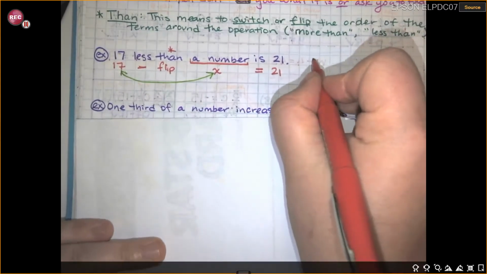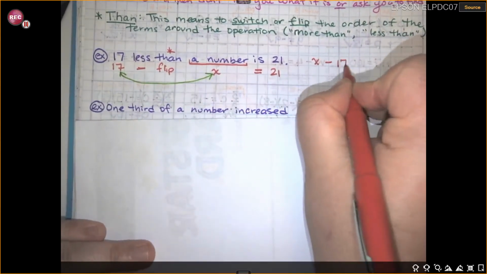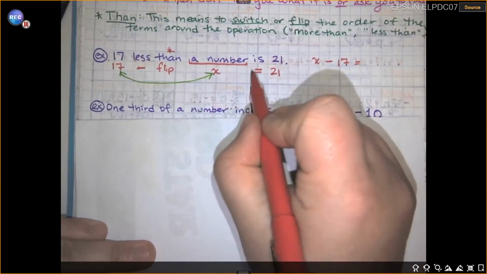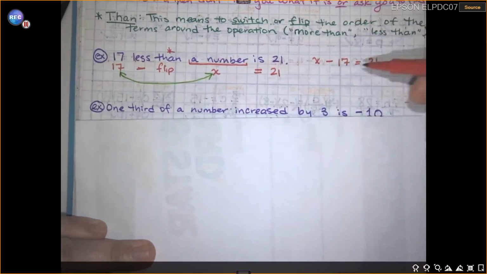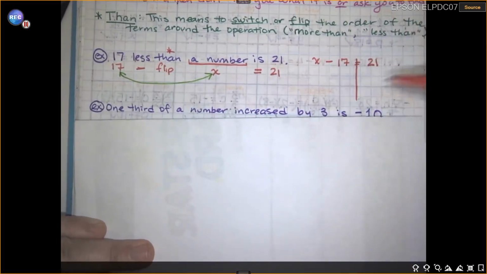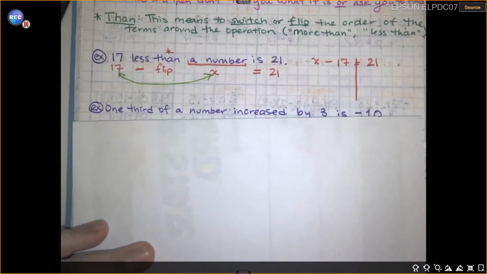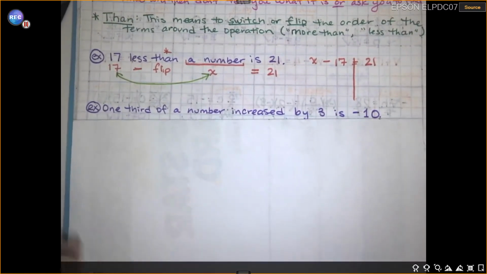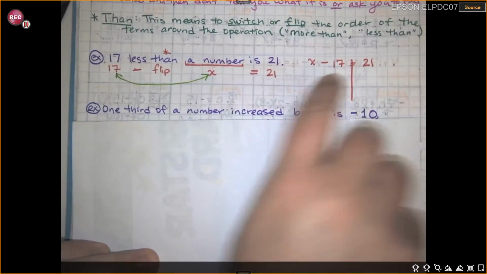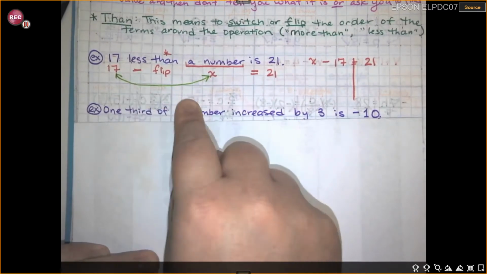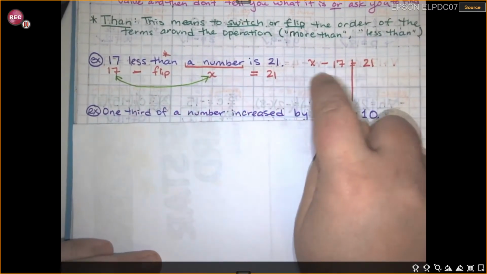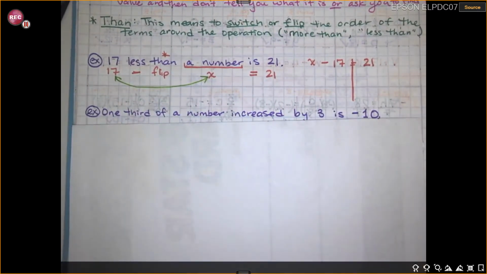So it's actually going to be x minus 17 equals, because I mean the equal sign, 21. Now, the reason for that is when you say that something is more than or less than, it means to take that original amount and then increase it or decrease. So that should come second. But if that confuses you, then you want to use this. Because remember, x minus 17 and 17 minus x, not the same thing.